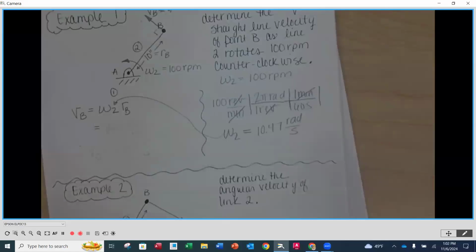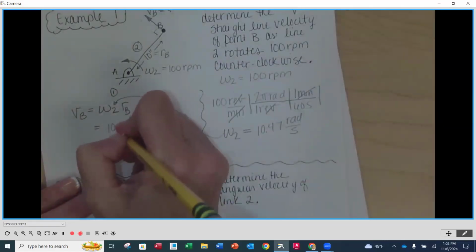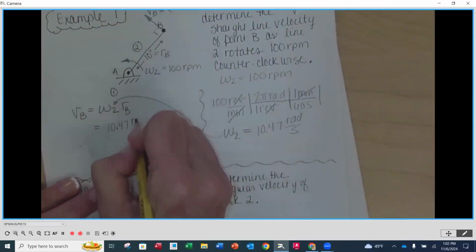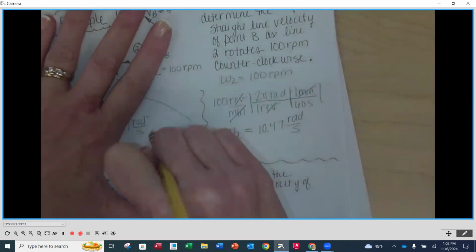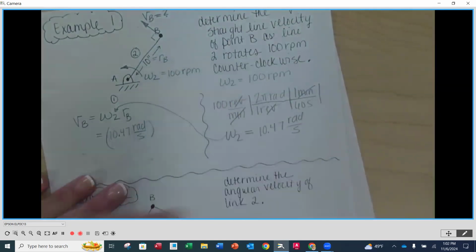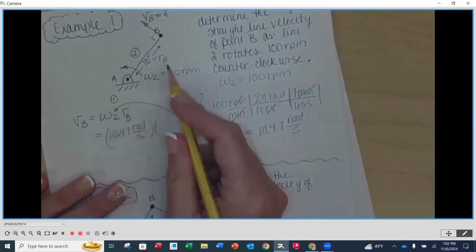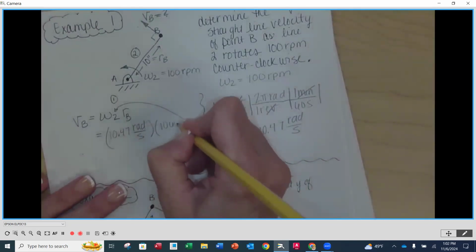Okay. So we're going to say 10.47 radians per second, top, bottom. Don't do it radians slash seconds, remember. Times our radius, which is the 10 inches.